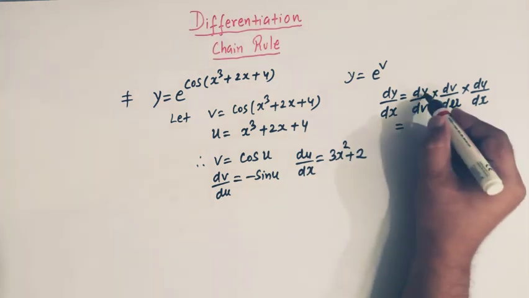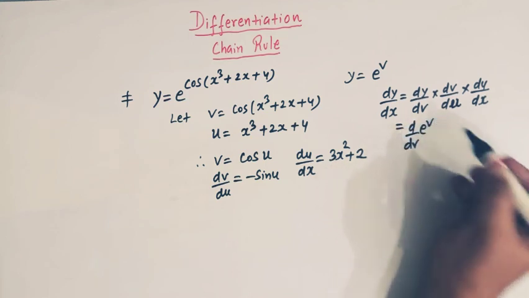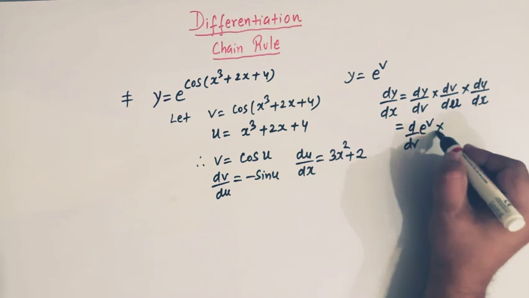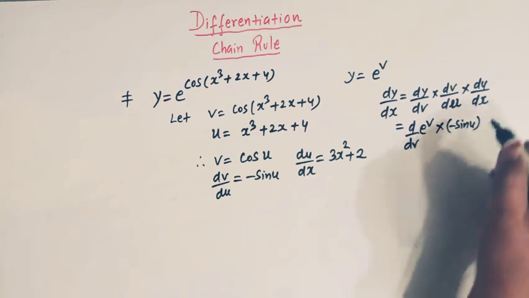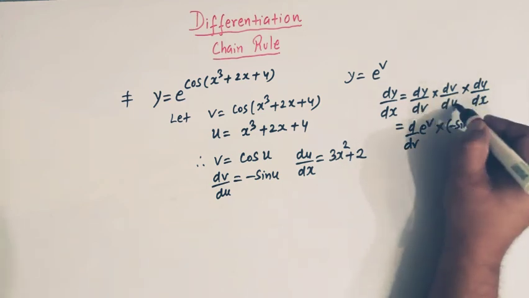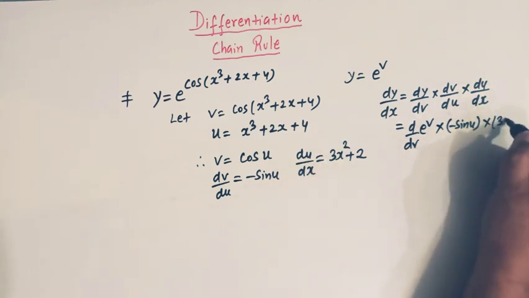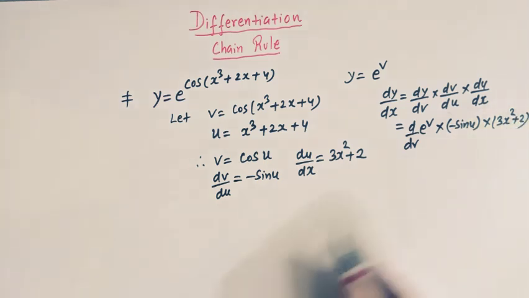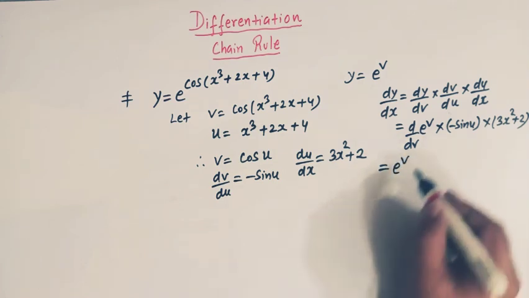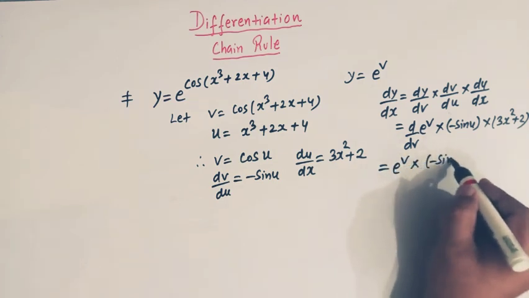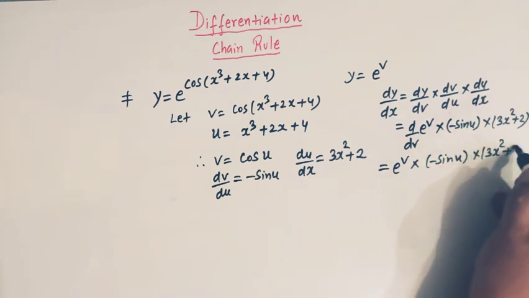So now here dy over dv is the derivative of e raised to v with respect to v, and dv over du is minus of sine u, and du over dx is your 3x square plus 2, right? Now the derivative of e raised to v with respect to v is e raised to v, and we have minus of sine u, and this is 3x square plus 2.